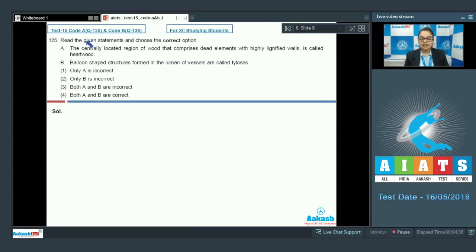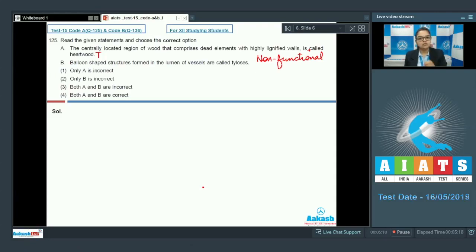Moving to question number 125, read the following statements and choose the correct option. Statement A is, the centrally located region of wood that comprises dead elements with highly lignified walls is called heartwood. Bache, the statement is true. The centrally located region of wood is called heartwood, due to its location, it is centrally located. Correct? But it is known to be non-functional, as it is not performing its prime function. What is the prime function of xylem?